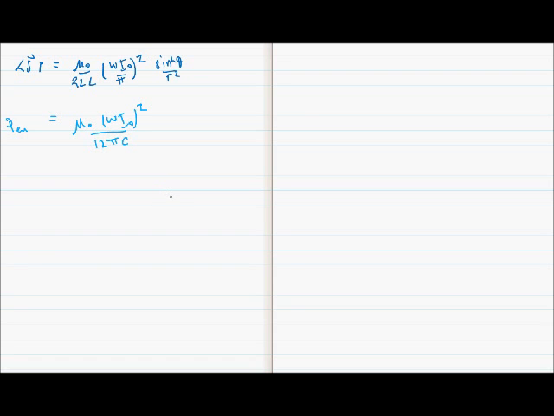We can use these two values to compute the gain function of the antenna in question. Alright, let's use green this time. So our gain looks like this.